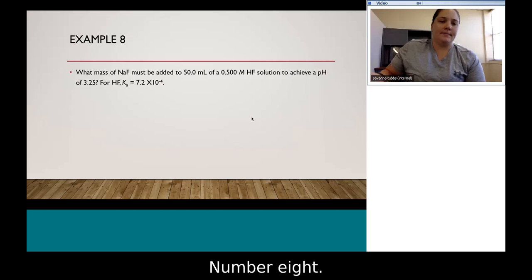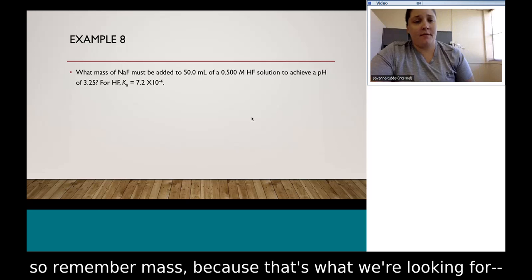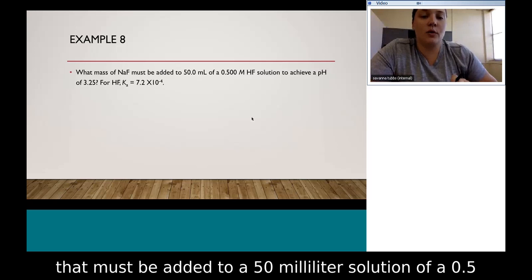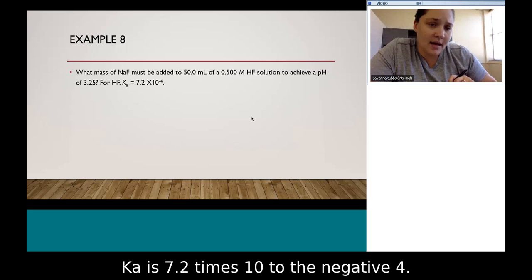Number 8. What is the mass of NaF? So remember mass, because that's what we're looking for. That must be added to a 50 milliliter solution of a 0.5 molar HF solution to achieve a pH of 3.25. Ka is 7.2 times 10 to the negative 4.